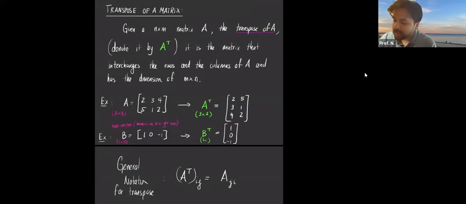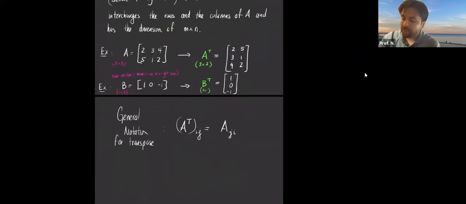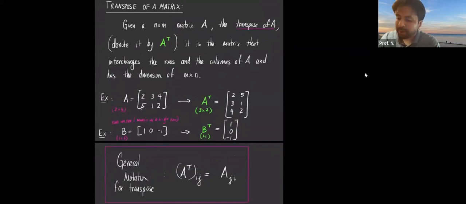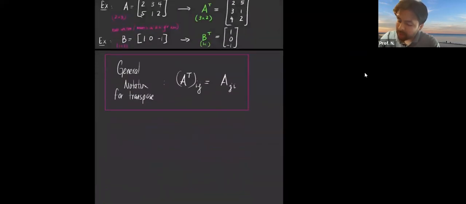So what this is saying is take the entry in A and just interchange the rows with the columns and the columns with the rows. And that will give you the new entry in A transpose. So that's the notation that we normally tend to use in general. Okay, so that's what the transpose is. You just change the rows to the columns and the columns to the rows. So that's the transpose. And then associated with this, we talk about the trace of a matrix.